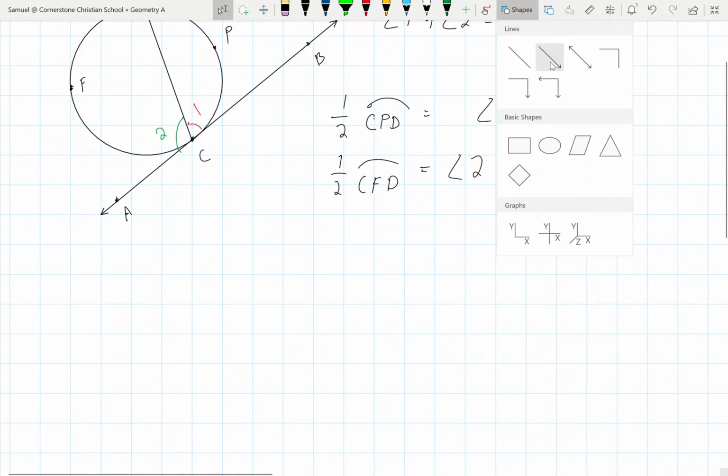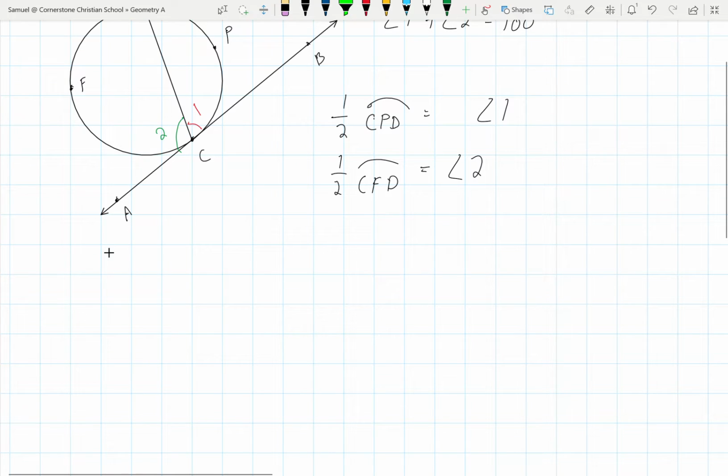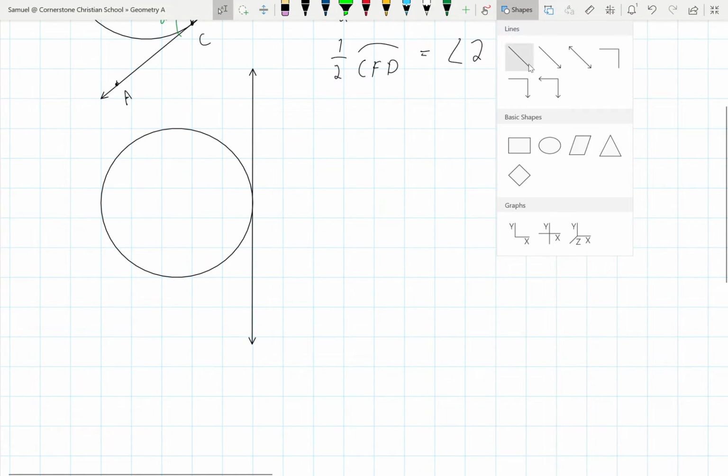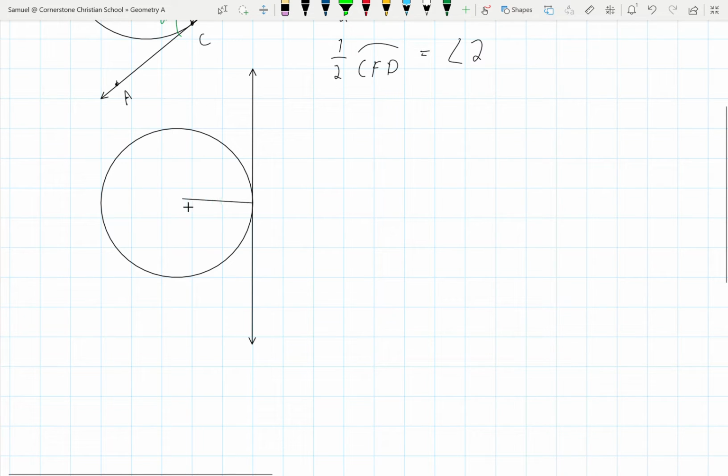Let's say we have a circle here, a tangent line and a chord. Not necessarily drawn to scale, and we can pretend that chord goes all the way across.